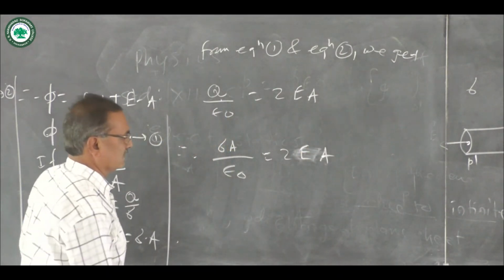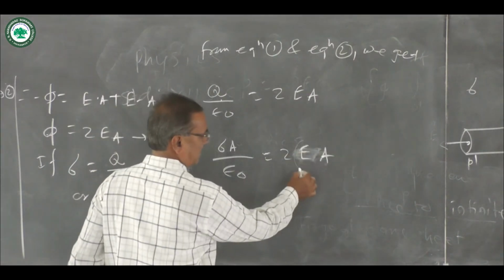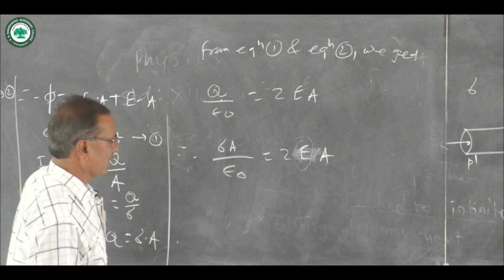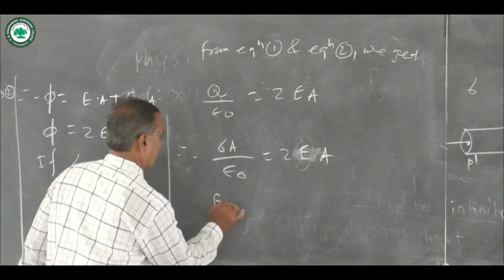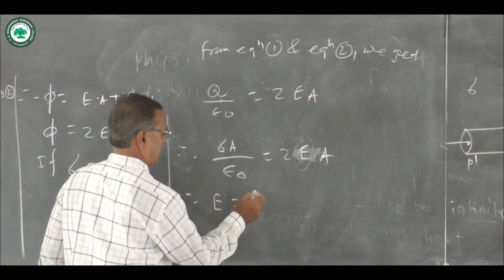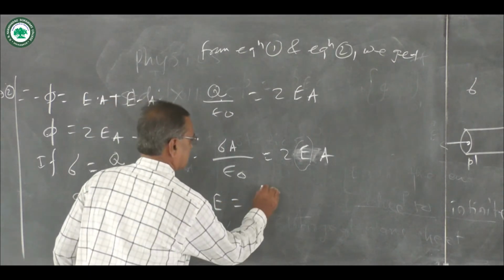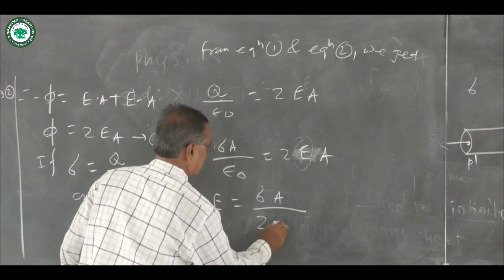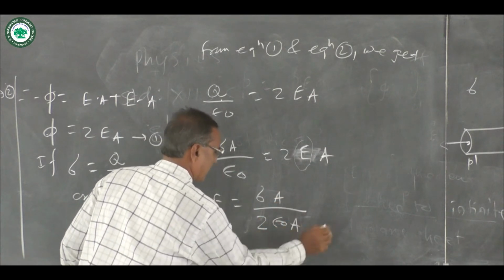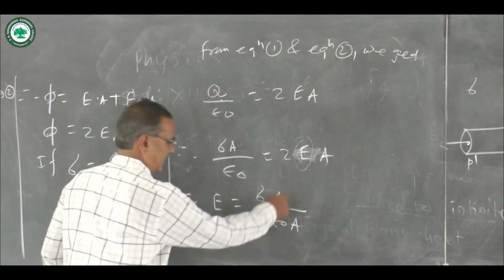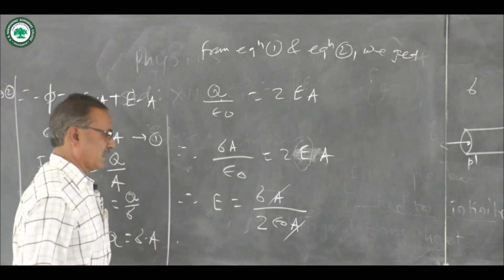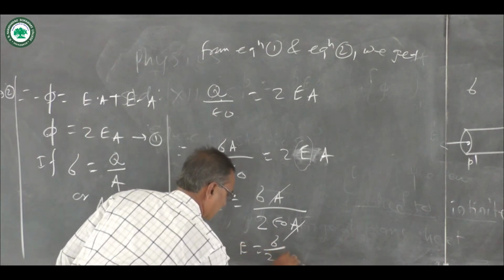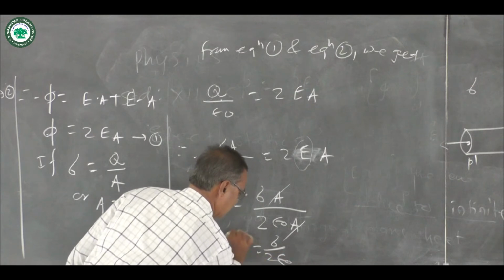Here we have to find electric field at point P. So therefore E equal sigma A upon twice epsilon naught A. So here area will get cancelled, and the remaining term is E equal sigma by twice epsilon naught.